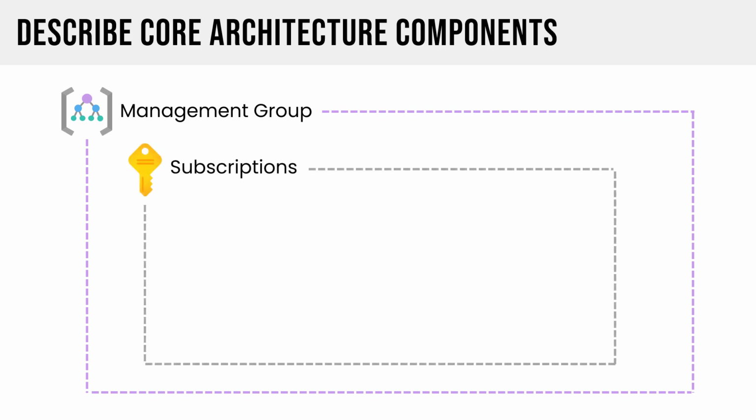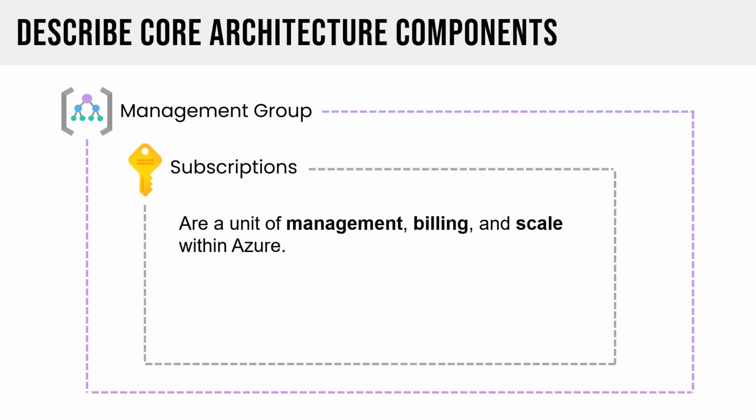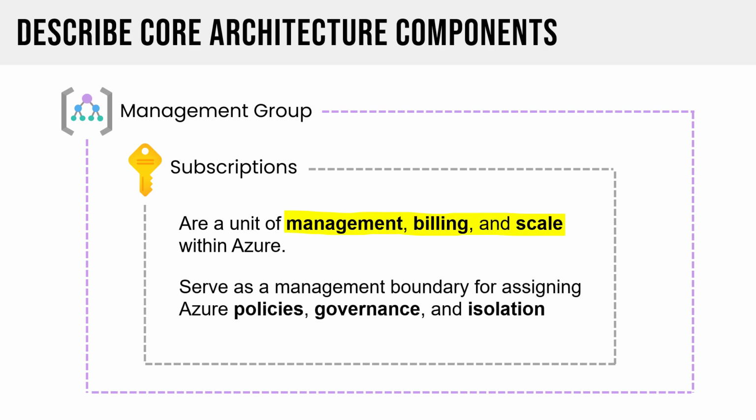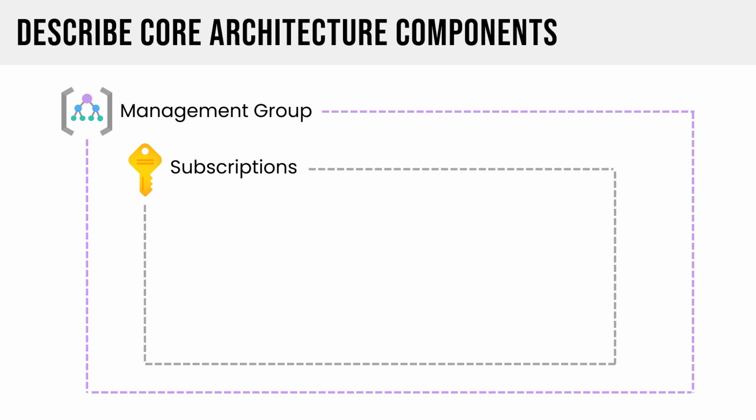So subscriptions are a unit of management, billing, and scale within Azure. They can serve as a management boundary for assigning policy, governance, and isolation, which means they have a place in a security context, and that is one of isolation, establishing a management boundary where we can assign permissions separate from other subscriptions.